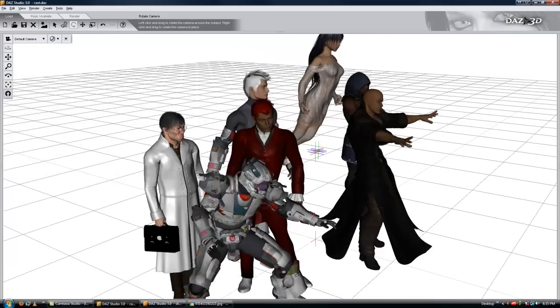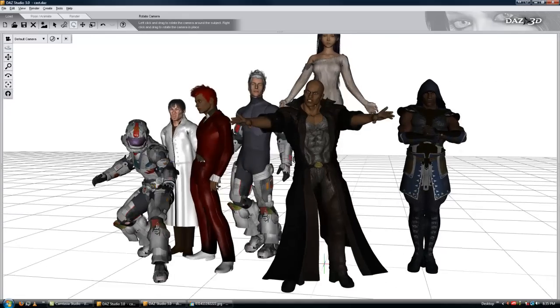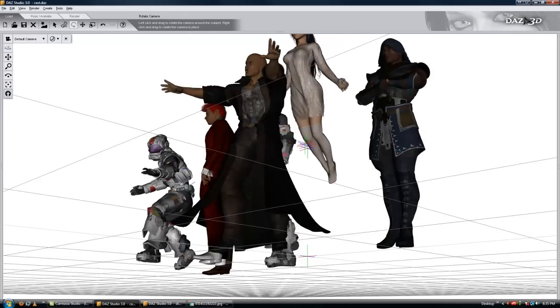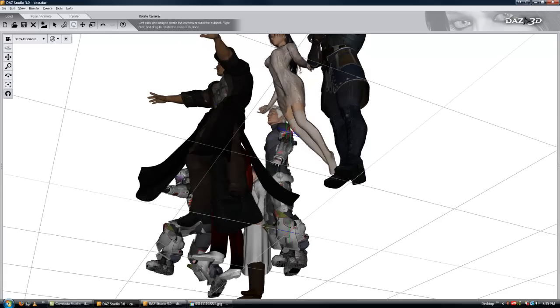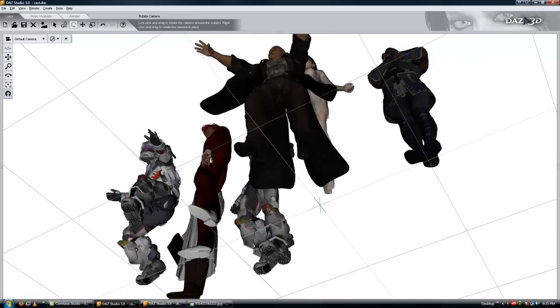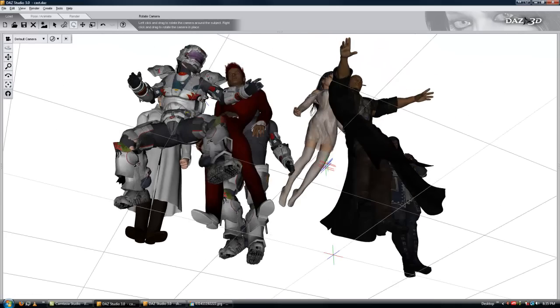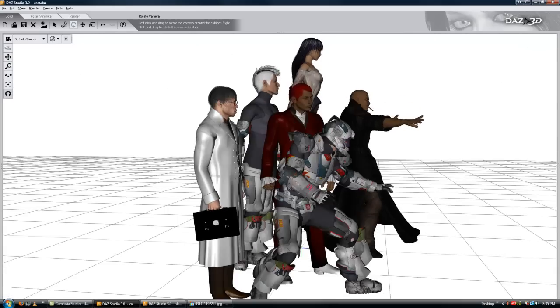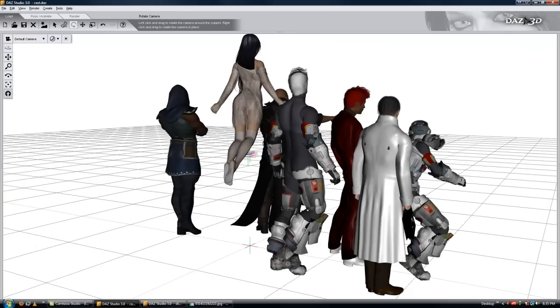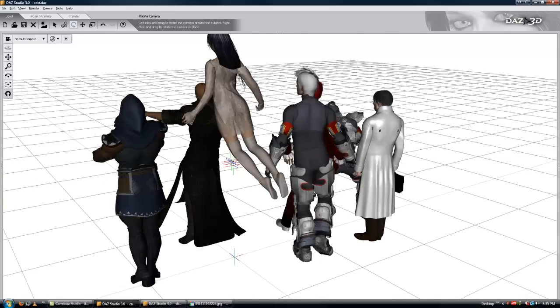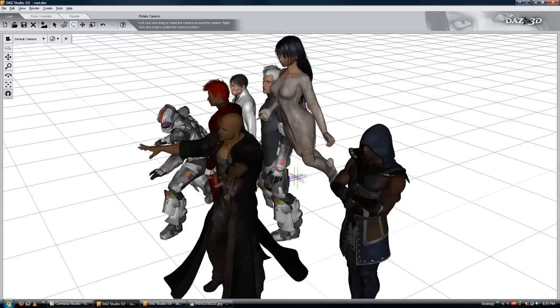Guys, what you want to do in the beginning stages is, of course, have a vision of what you want to portray. Get it down on paper. Show people what you're actually doing, because you'll be surprised.